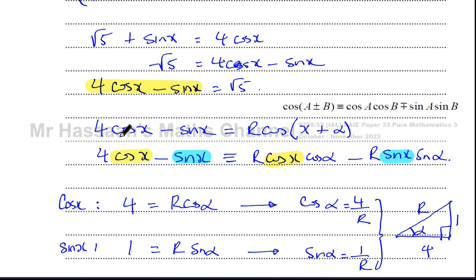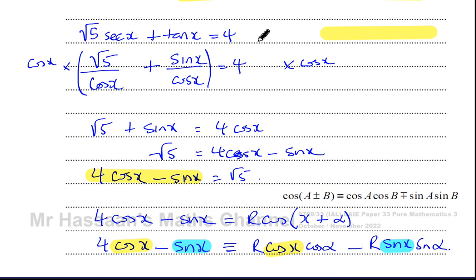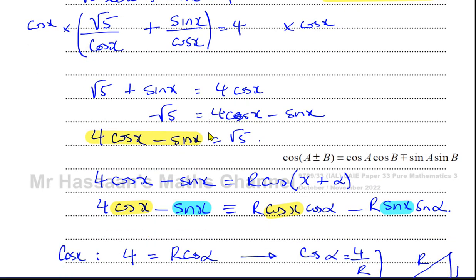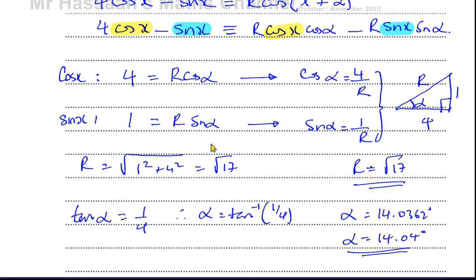It will say, show that 4 cosine x minus sine x is equal to the form r cosine x plus alpha. That's how the question would start. In this question, we had to start with something that didn't look like this at all. We had to rewrite it and put it in this form. So that's what threw a few of you students off in this question.